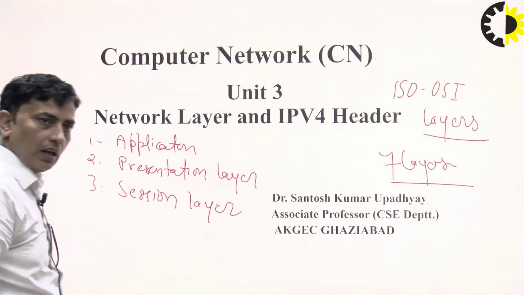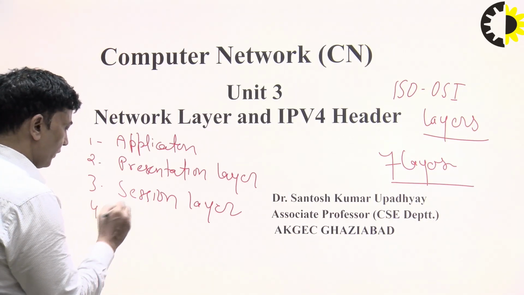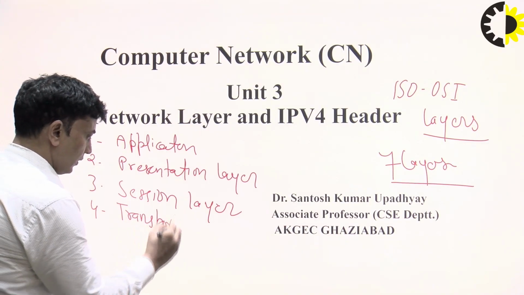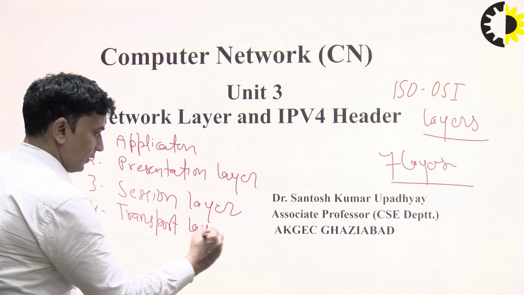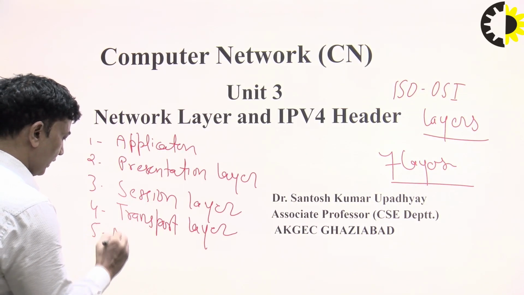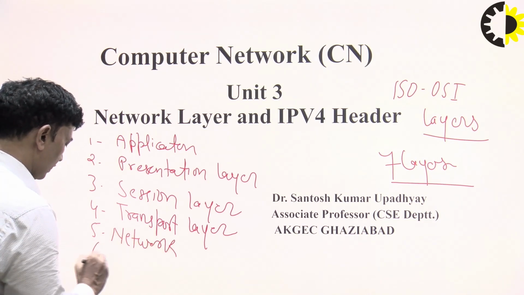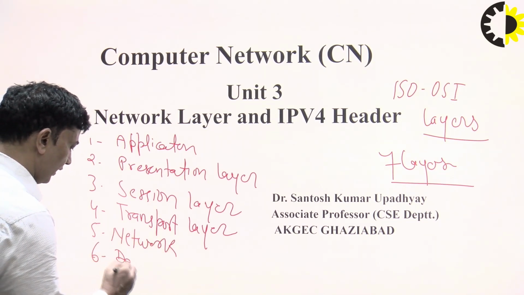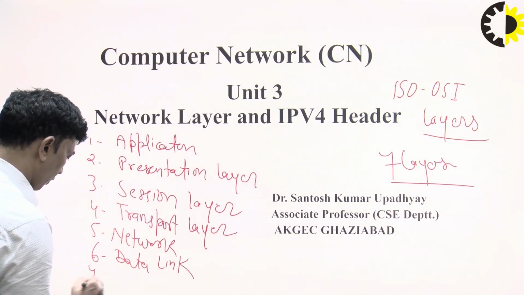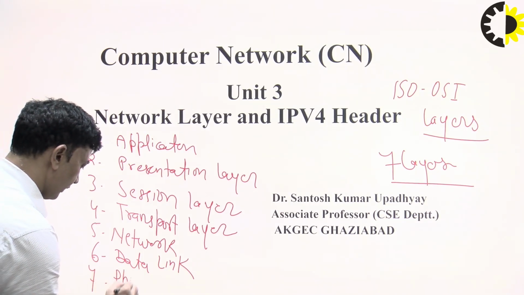Application, presentation, session, and the fourth one is the transport layer. And the fifth one is the network layer. Sixth one is the data link layer. And the bottom layer, the seventh layer, is the physical layer.